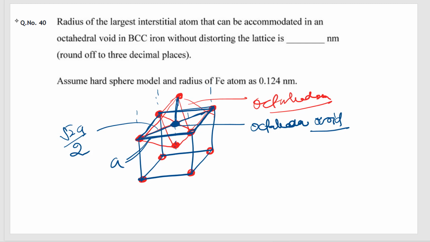This height will be A by 2. Okay, so this is A by 2, and this length is A by root 2. So among A by root 2 and A by 2, which is the larger number? So this is the larger number.